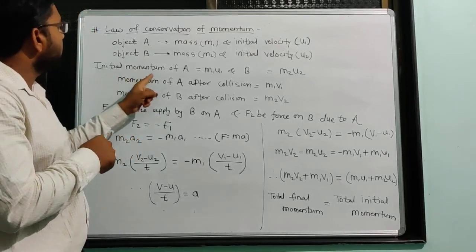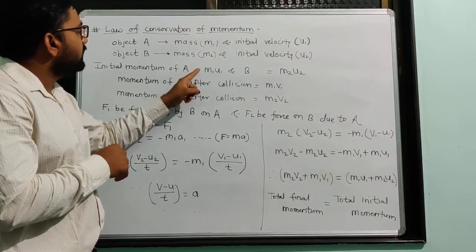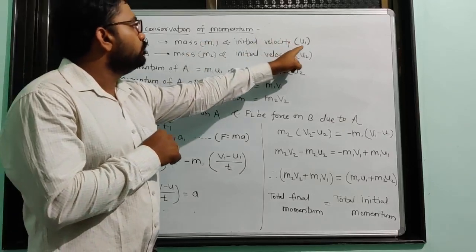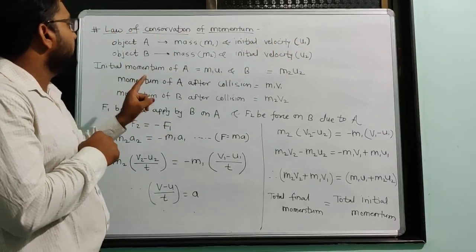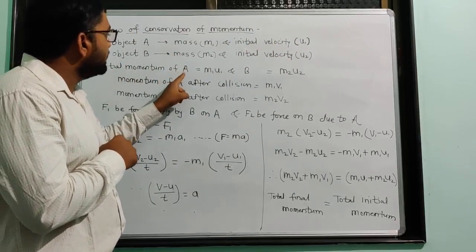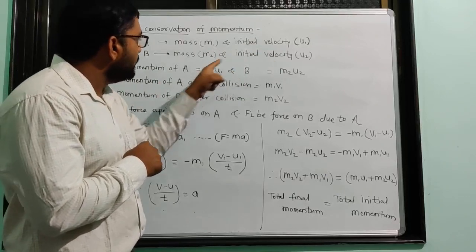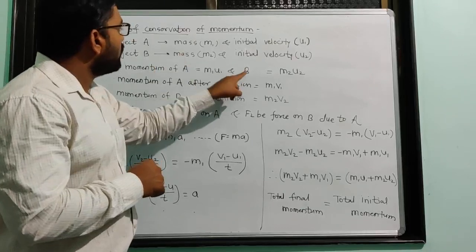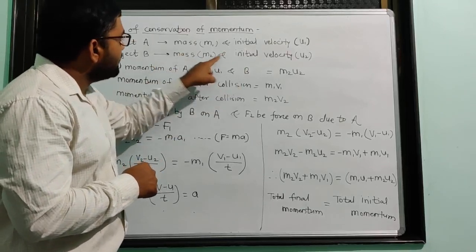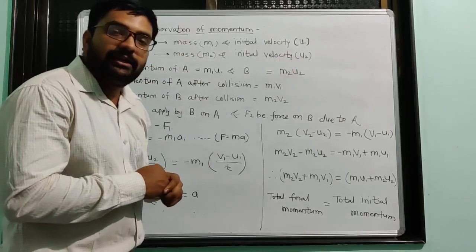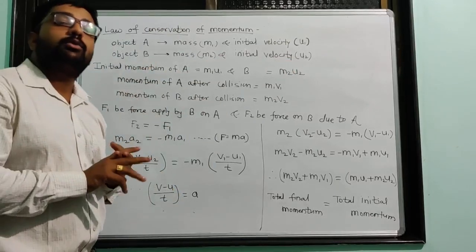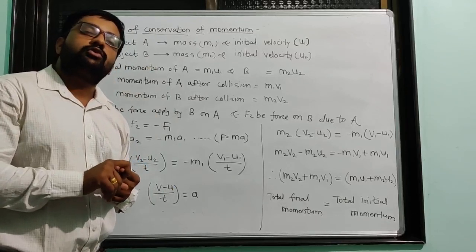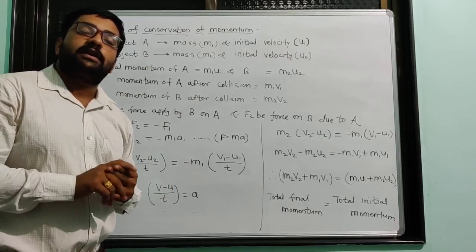So the initial momentum of A will be equal to m1 u1, where m1 is the mass and u1 is the velocity of object A. The initial momentum of object B will be m2 u2.